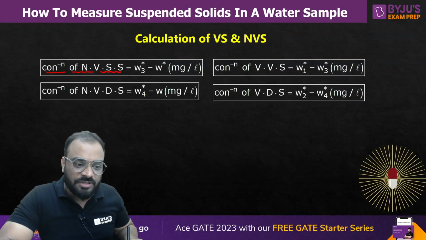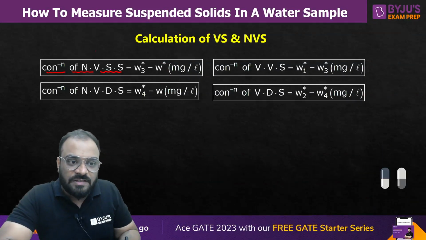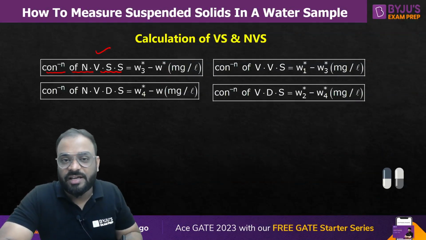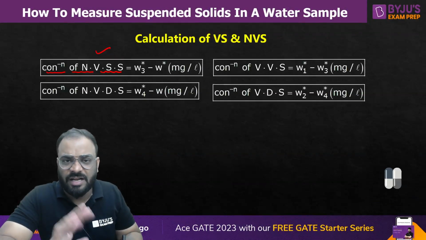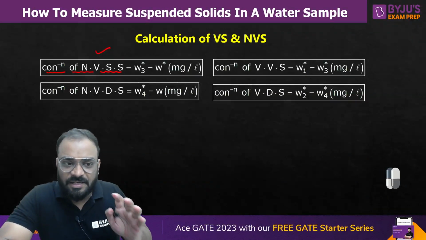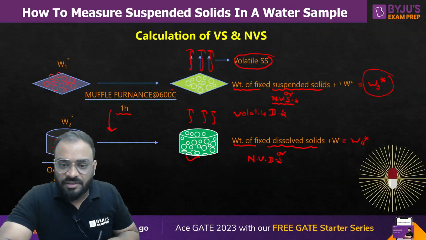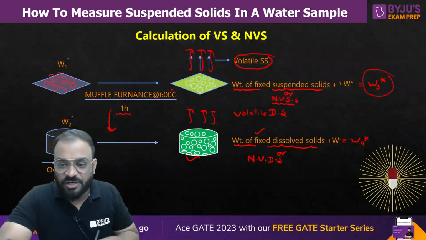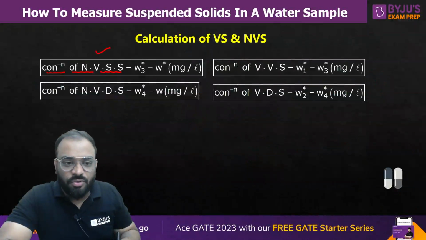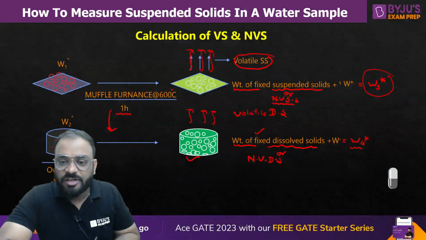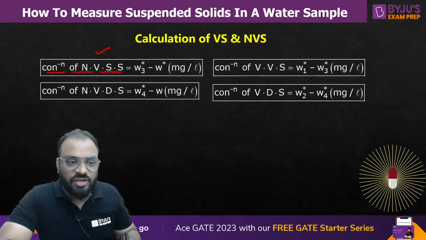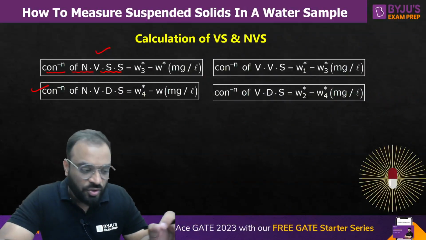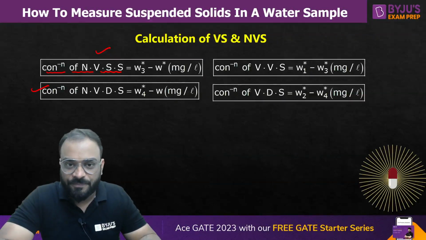It is equal to the concentration of non-volatile suspended solid, which is in milligram per liter again. Similarly, we need to calculate the concentration of fixed dissolved solid or non-volatile dissolved solid. How can you write it? W4 star minus W. So this value you will get as the concentration of non-volatile dissolved solid.